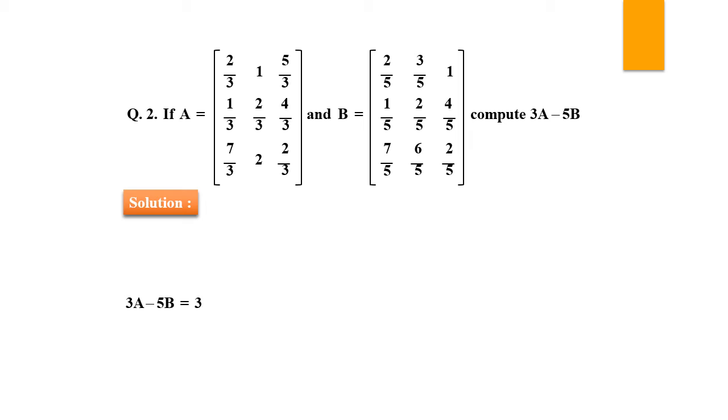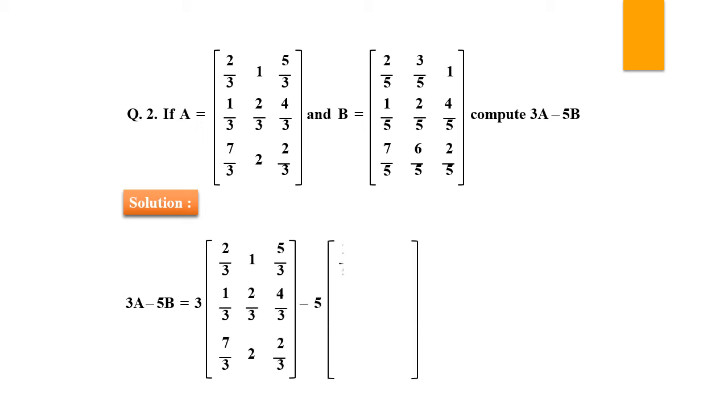So first we will obtain 3A. So multiply each element of the matrix A with 3. Next, similarly multiply the element of matrix B with 5.